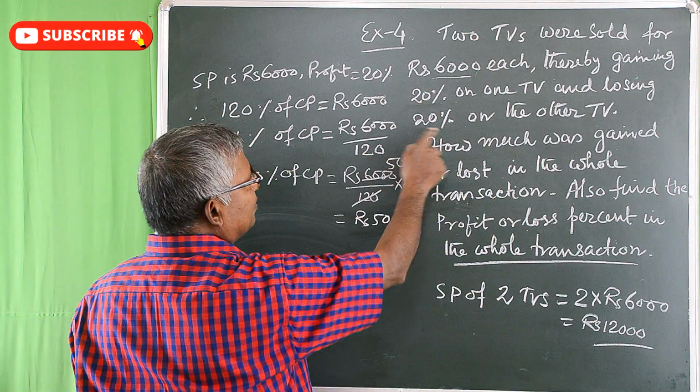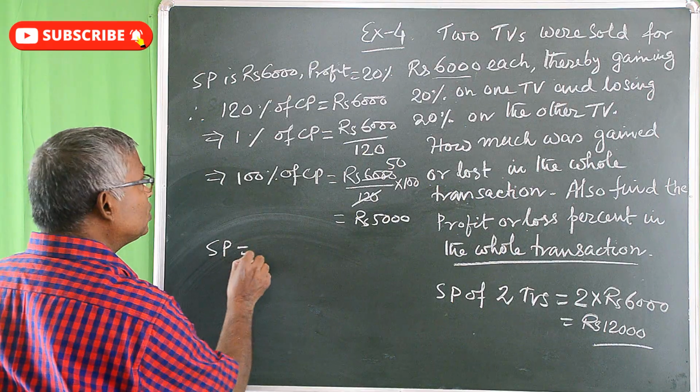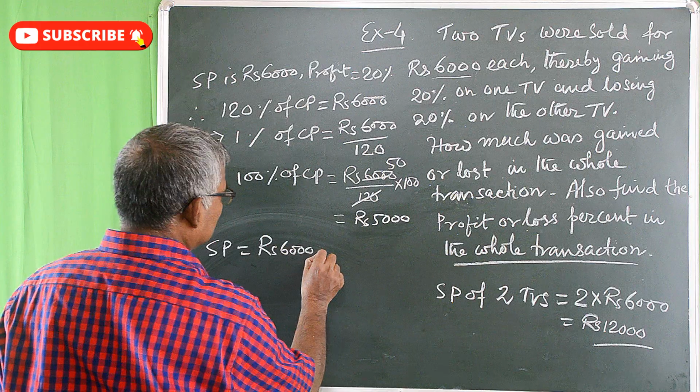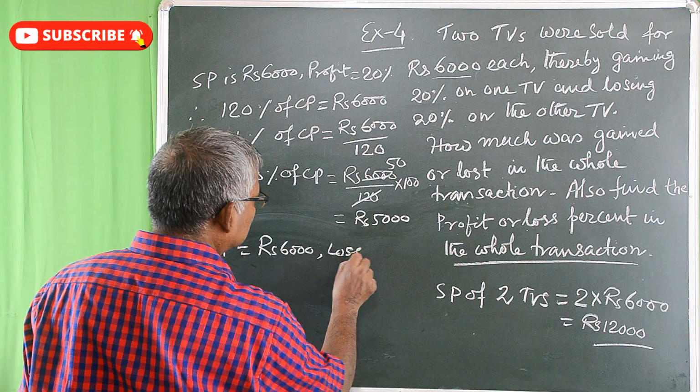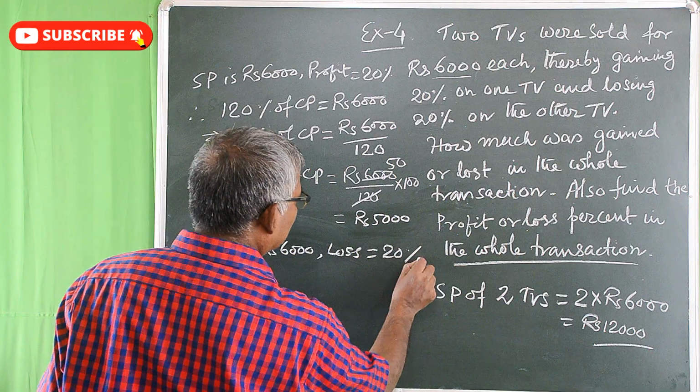Whenever the TV is sold for rupees 6,000 where loss is 20%, so in the second case, selling price equal to rupees 6,000 and loss equal to 20%.